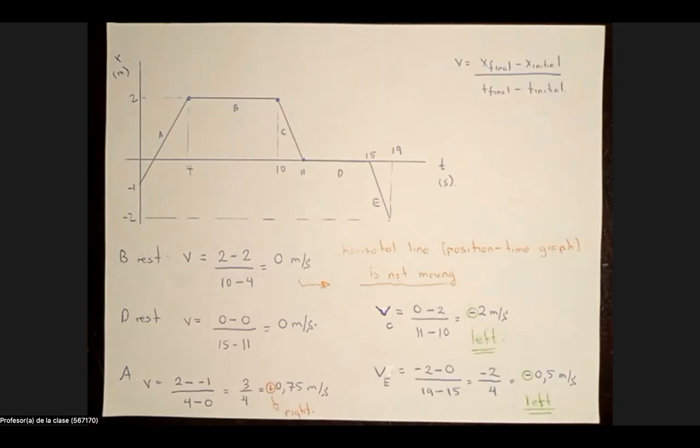And look at this, in both intervals C and E, the object is moving to the left, because its velocity is a negative quantity.